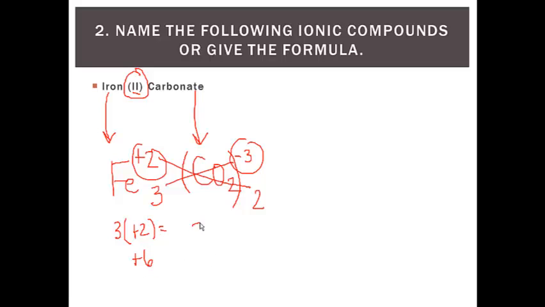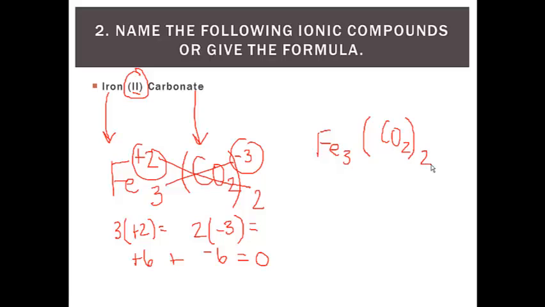If I have 2 carbonates, and each of them is -3, that would give me a charge of -6. So -6 and +6 together would give me 0. So what I would write in the end is Fe3(CO2)2. That just tells me there's 2 carbonates.